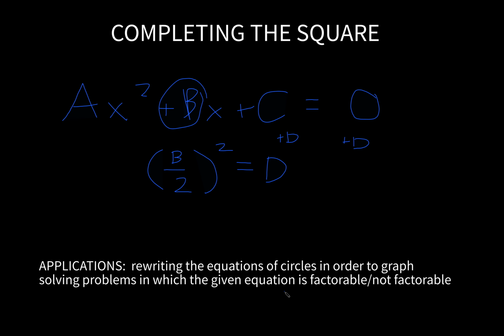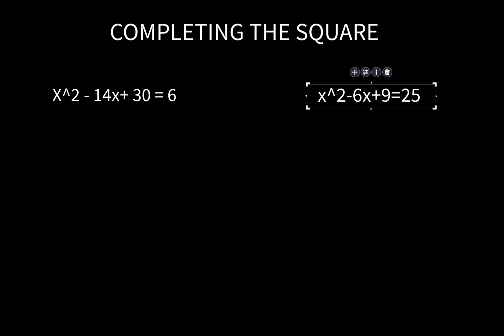But as I mentioned before, this can be really helpful if you're given, say, the equation of a circle that is in standard form and you're not really in the mood to create a table and plug in all of the points. If you complete the square, then you will get a much easier form to decipher. So without further ado, let's get into some examples.